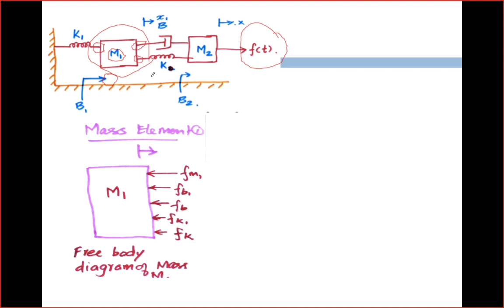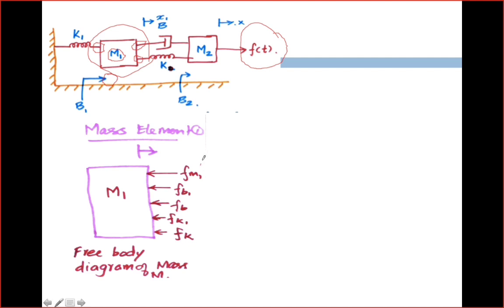So the sum of the applied force and the opposing forces is equal to 0. Regarding mass element 1, we have no applied force, only opposing forces. Those opposing forces are due to the mass M1 itself, the spring K1, dashpot B, spring K2, and the friction B1. So we have 5 different opposing forces.